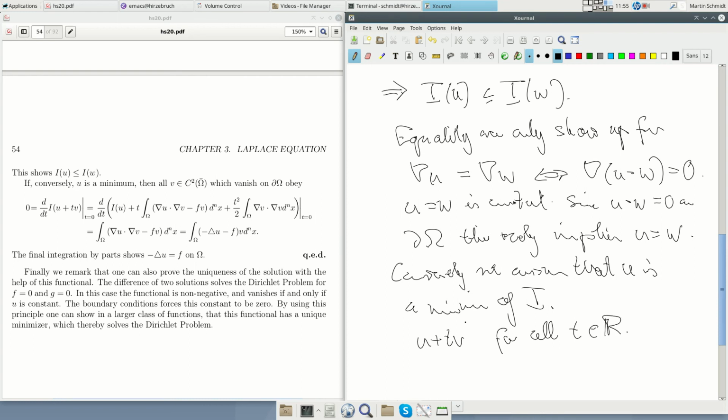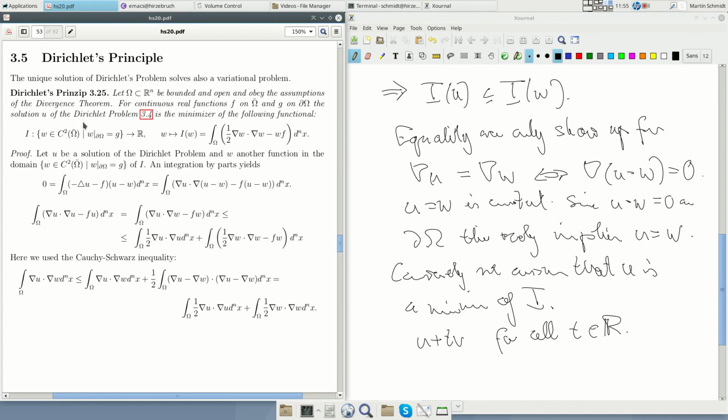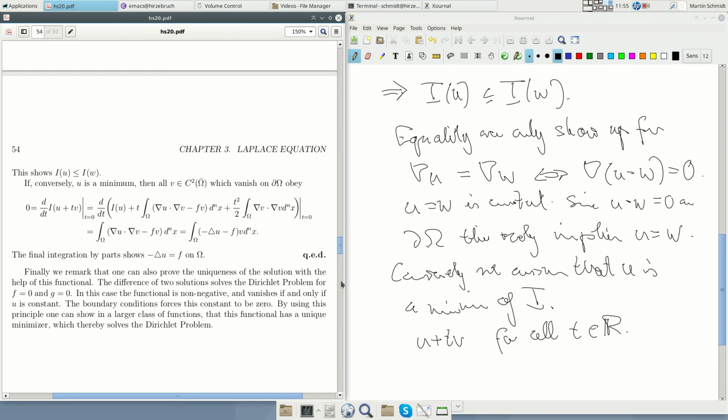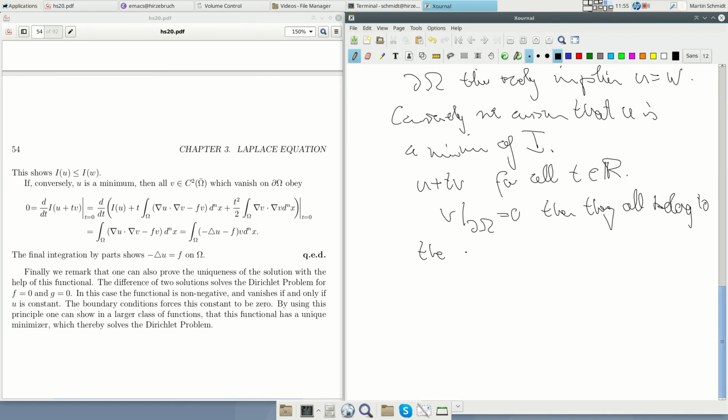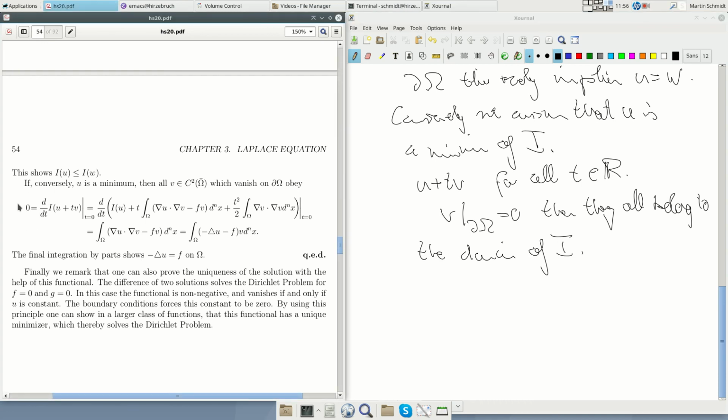But we want this function to belong to the domain of I. In order for it to belong to the domain, we need v to vanish at the boundary. So we assume that it vanishes on the boundary, then it's fine, and we can insert this.